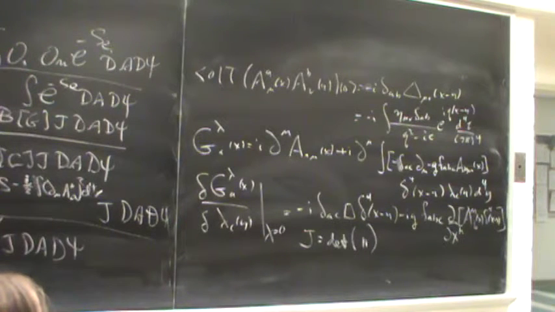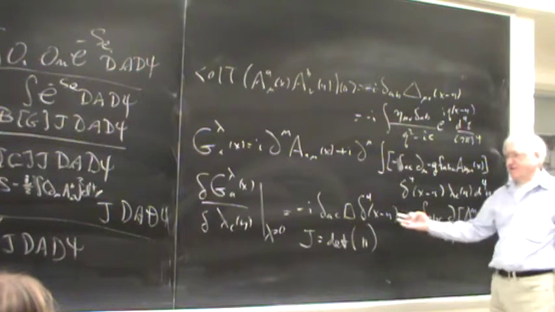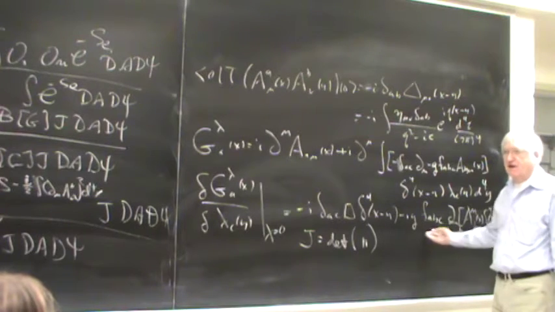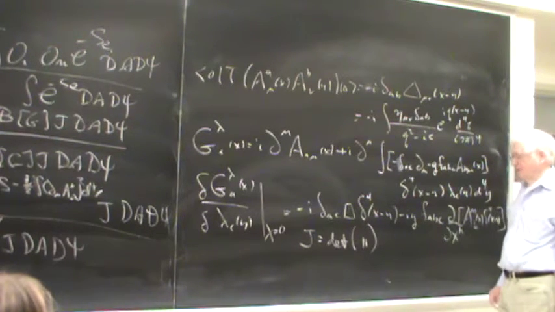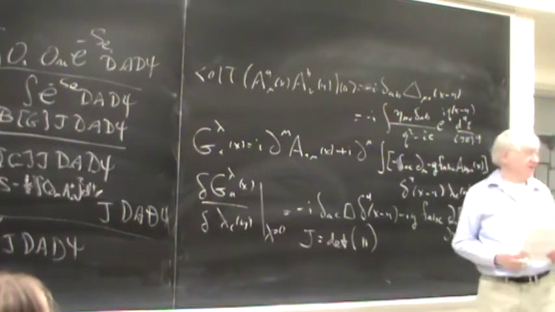Okay. Well, you might say that's hopeless. How are you going to compute the determinant of something that's this singular and complicated? Well, the Grassmann variables come to our rescue.